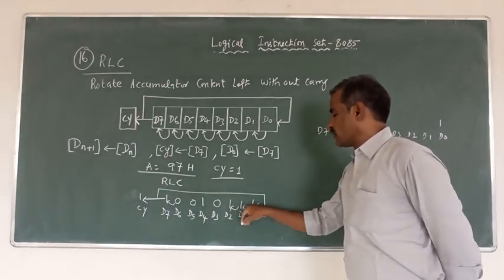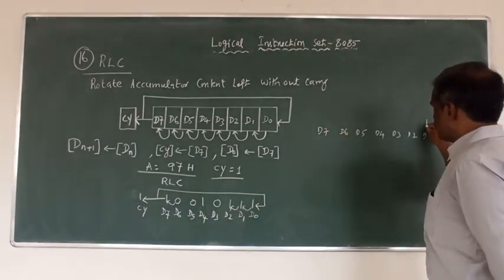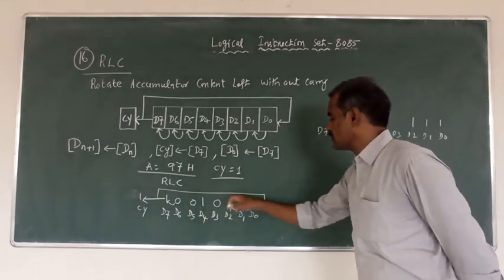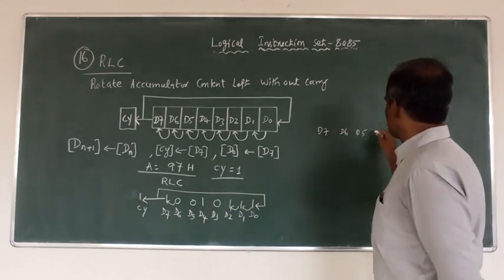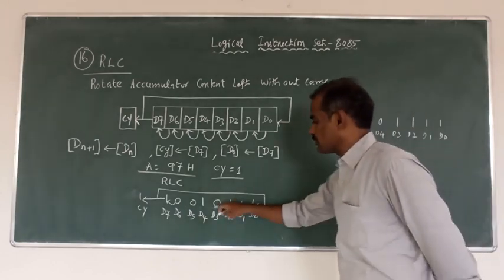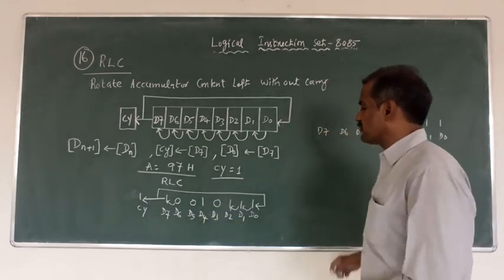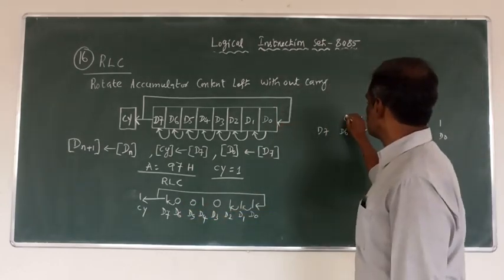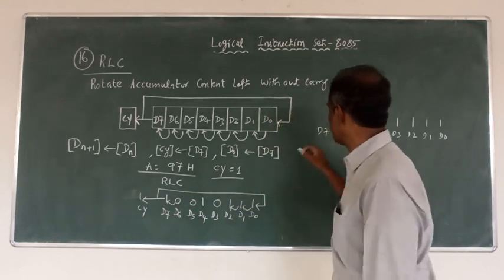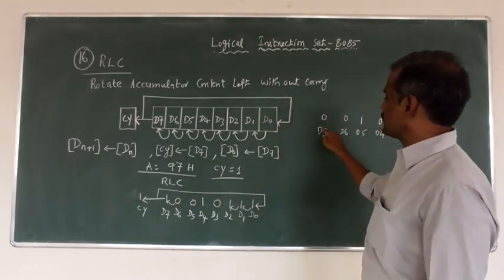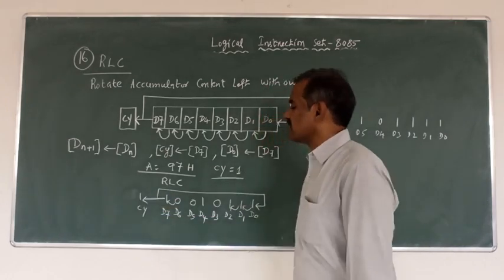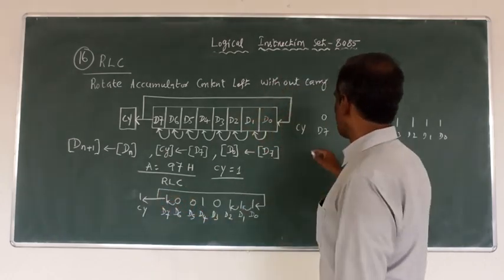Already D1 is 1, it will move to D2. Next D2 data moves to D3, D3 data to D4, D4 data to D5, D5 data to D6, and D6 data to D7. And then carry here is already 1, it will take the D7 data 1.